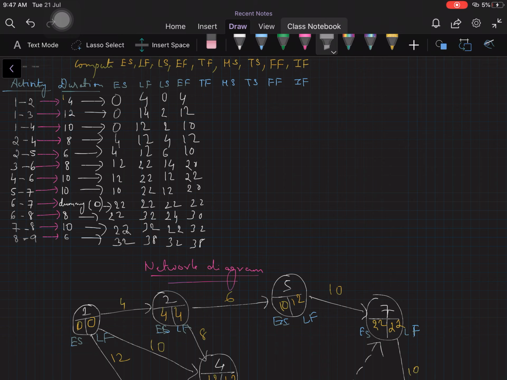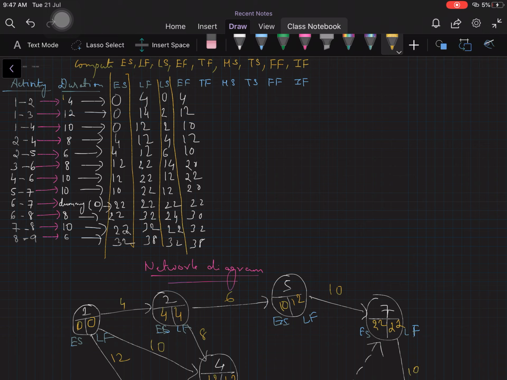Anything, it's up to you. Now I will go with late start minus early start. So to do that, let me use a highlighter so that you will know. I am subtracting this golden color column and this.